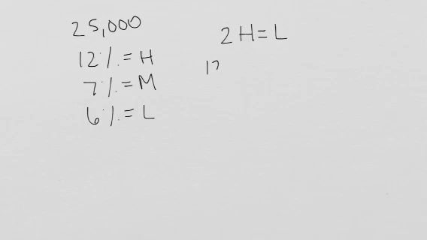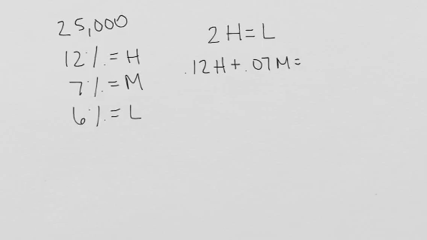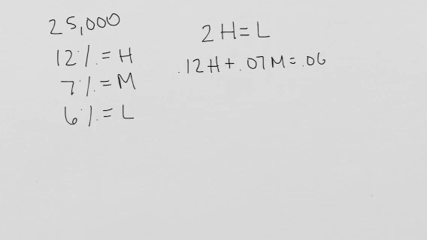If I do 0.12 times the amount of money in my high account plus 0.07 times the amount of money in my medium account plus 0.06 times the amount of money in my lower account, that should equal the total interest she gets, which is $1,945. How much is she investing at each rate?